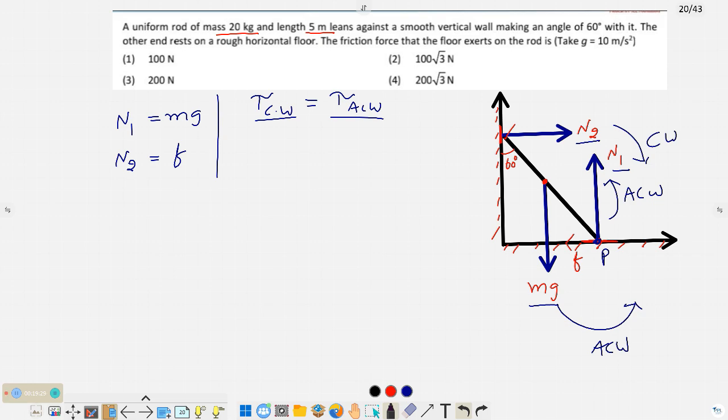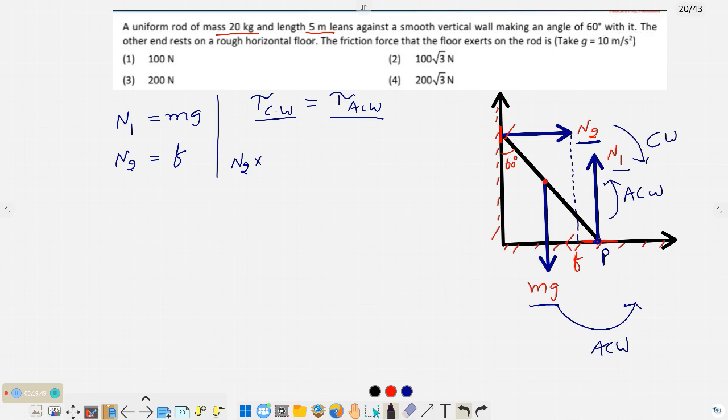So what is the clockwise torque? Clockwise torque is equal to N2 into, torque is nothing but force into perpendicular distance. The force is N2. And what is the perpendicular distance with respect to P? This is the perpendicular distance with respect to point P, so we need this length.